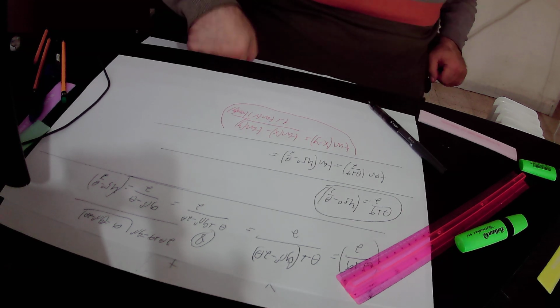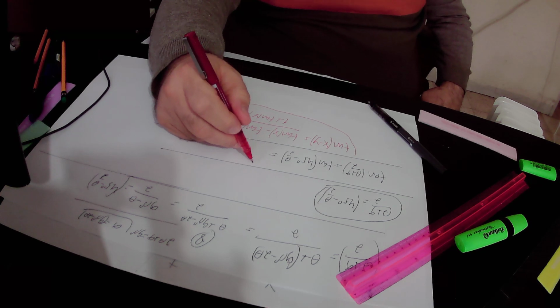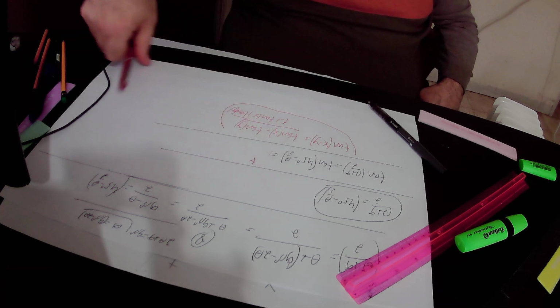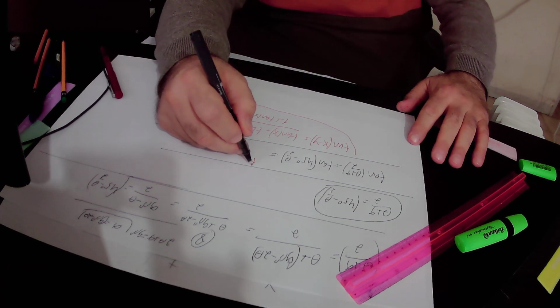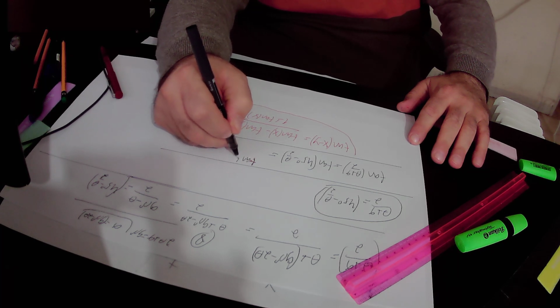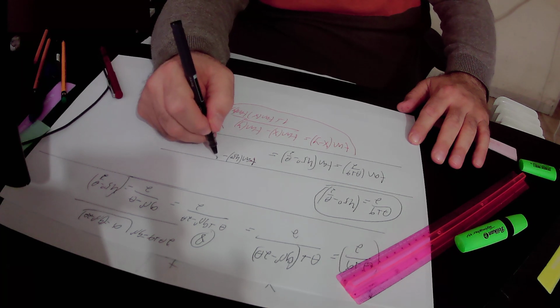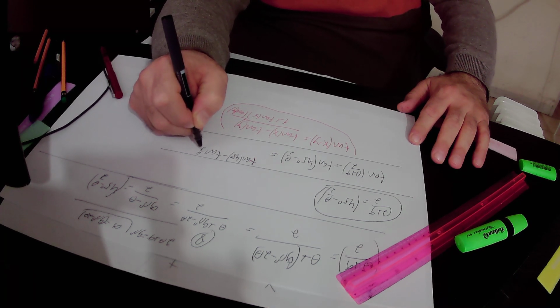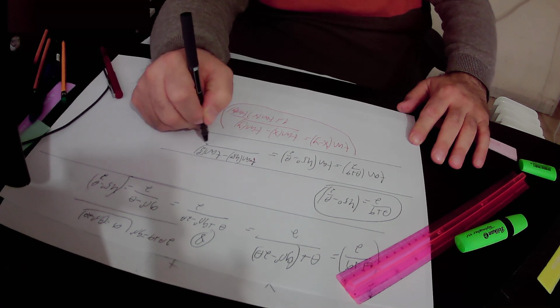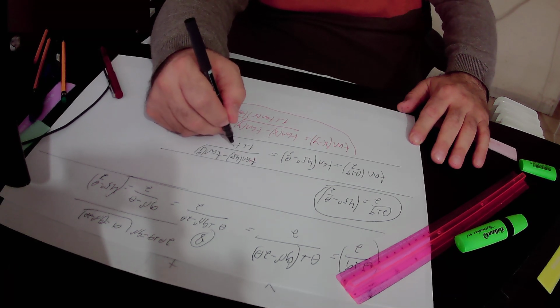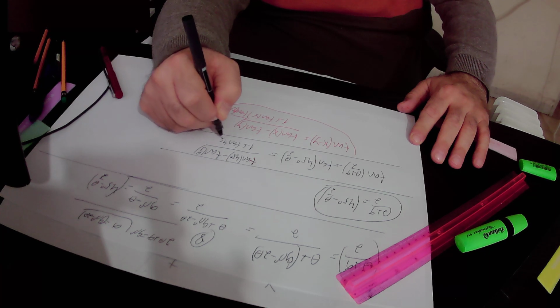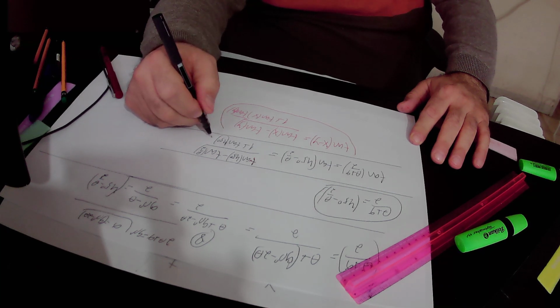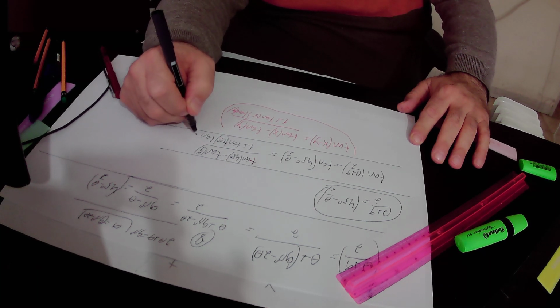tangent 45 degrees minus tangent theta over 2 over 1 plus tangent 45 degrees times tangent theta over 2.